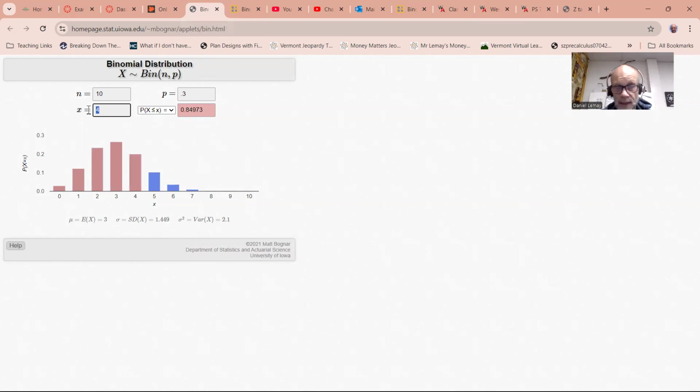So just so you see the graph, I'm going to change that to 3, let it update. Do you see how now that's going to be 3 or less because it's inclusive? So that includes the probability for 3, for 2, for 1, and for 0. If you're going to use the formulas, you'd have to do the probability for 0, 1, 2, and 3 with the formula and add those up.